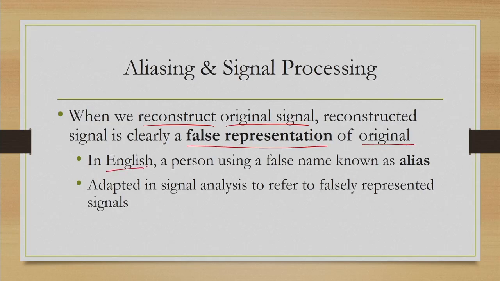Now, in English, a person using a false name is known as an alias, and this same idea is adopted here, where we are trying to represent an original signal in terms of a false reconstructed signal. Hence, this particular signal is called an alias, and whatever we get is known as aliasing.